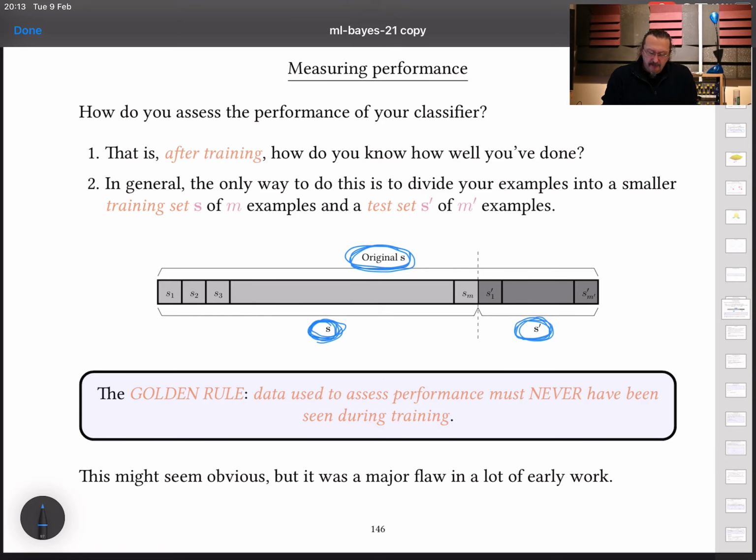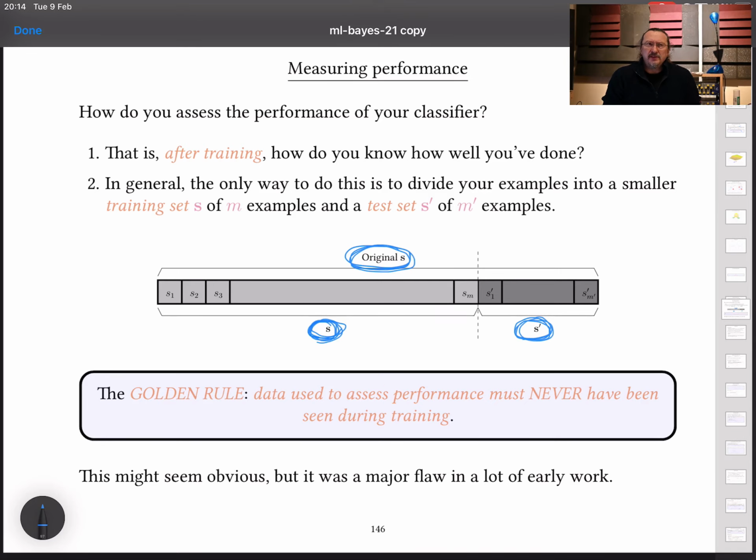S prime here is what you use to measure the performance of your algorithm after training. And although it seems obvious that you should split your available data in this way, and that you should only evaluate your system on stuff that it's never seen before, people still get this wrong. It was particularly prevalent in the early days of machine learning and neural nets, but things have improved since then.